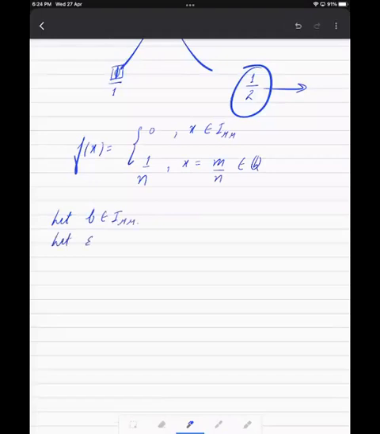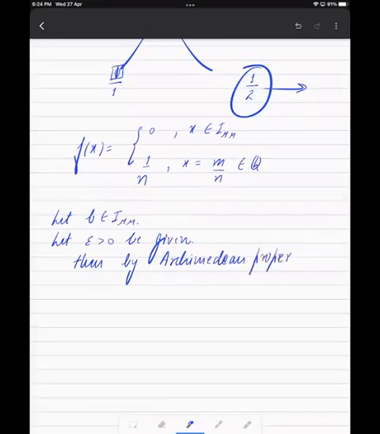Let epsilon greater than 0 be given. Then by the Archimedean property, there exists an n naught belonging to the natural numbers such that 1 by n naught is less than epsilon.